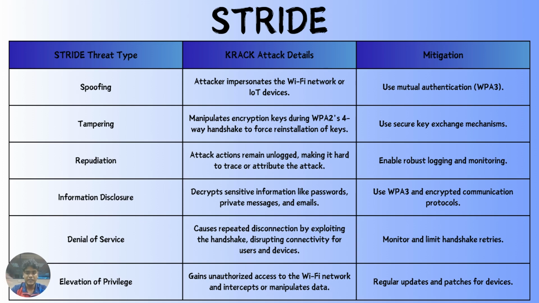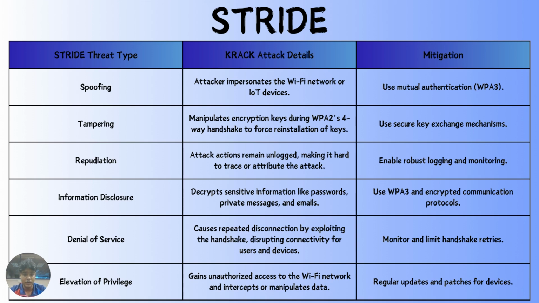To mitigate this: if you use an outdated device, such as a Wi-Fi router with a WPA2 system, it's going to leak your passwords, your messages, your credit card details. To mitigate this, you can update your WPA2 Wi-Fi router to WPA3. Also, they like to manipulate the encryption keys during WPA2's four-way handshake to force reinstallation of keys.